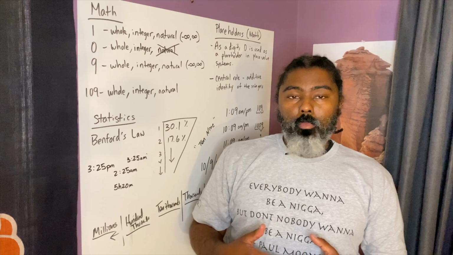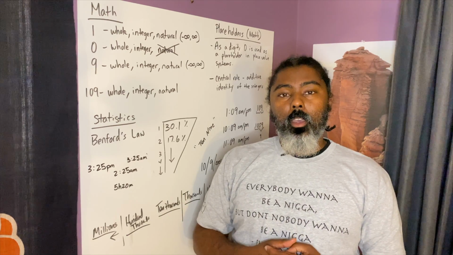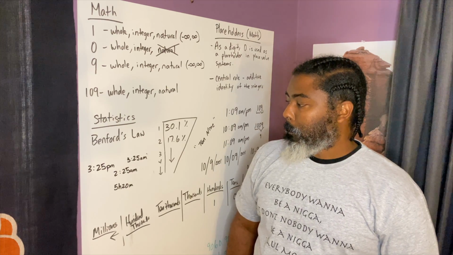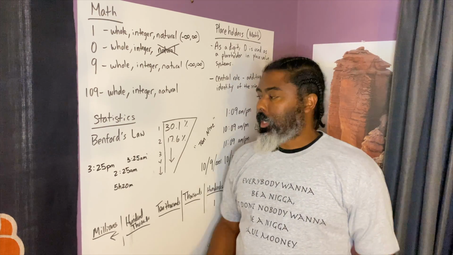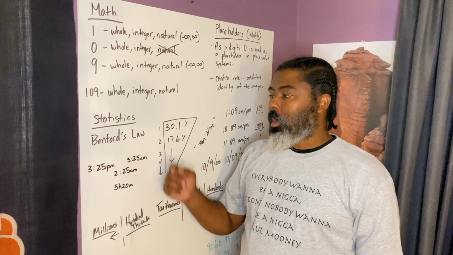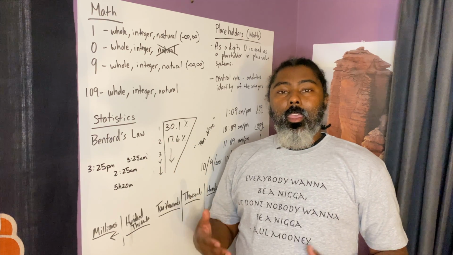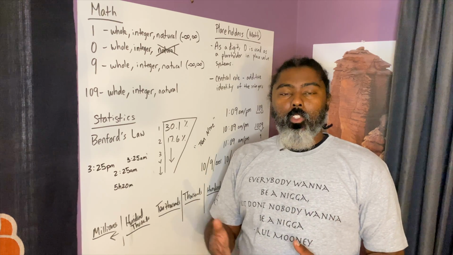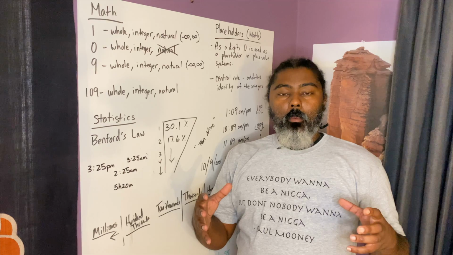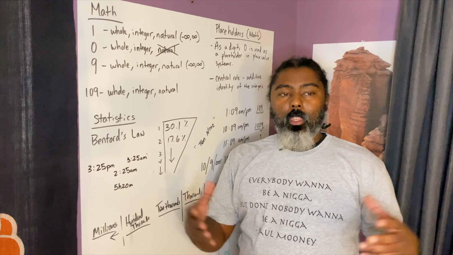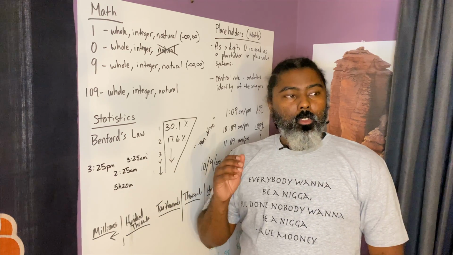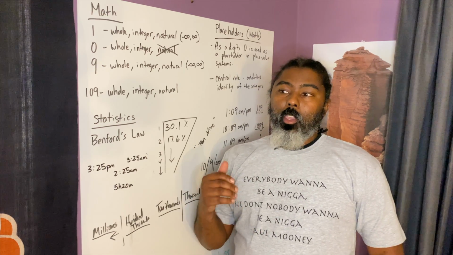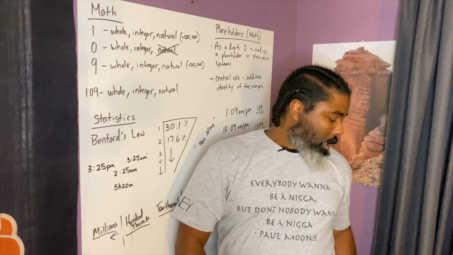So that concludes the lecture on 1, 0, and 9. What I will say at this point is, again, let's go back to Benford's Law and think about how unlikely it is that we find 1, 0, and 9 in nature. And the one thing that I'll add to that is the stories that I tell in my book.